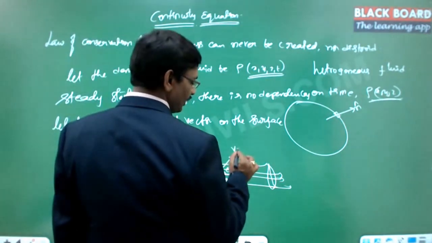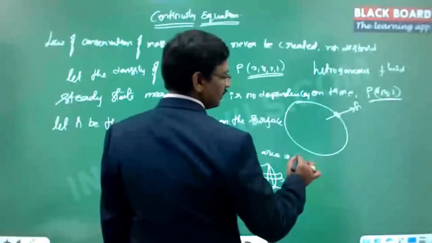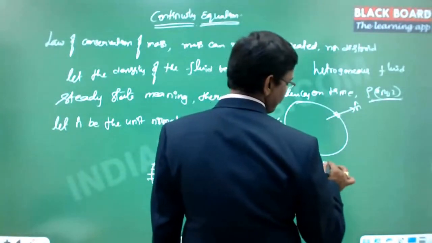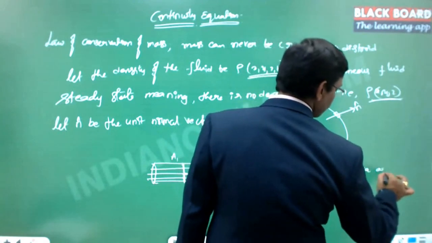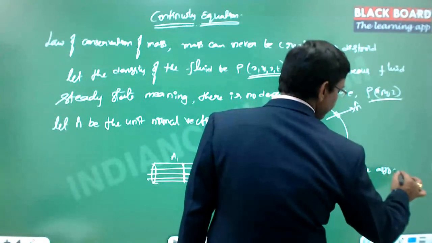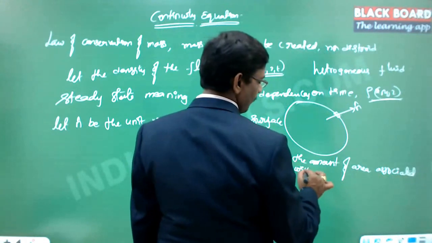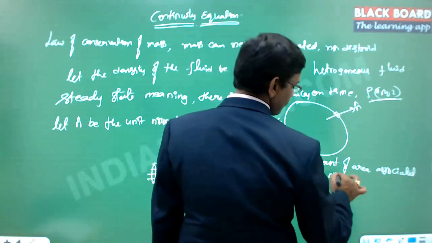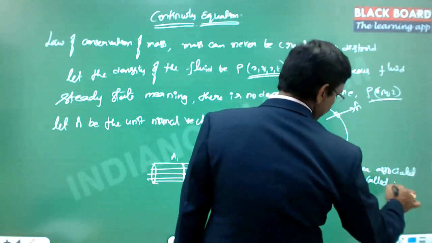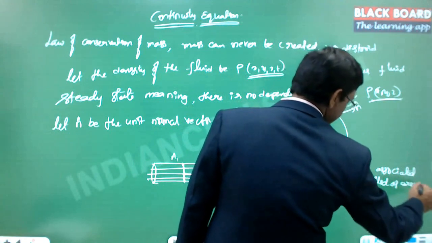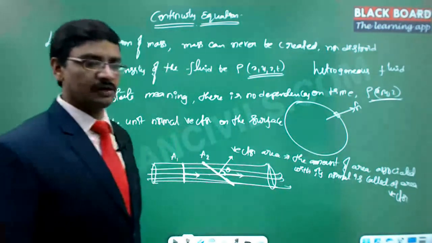This is what we call vector area: the amount of area associated with its normal is called the area vector, right? So though it is a scalar, we are treating area as a vector from now onwards.